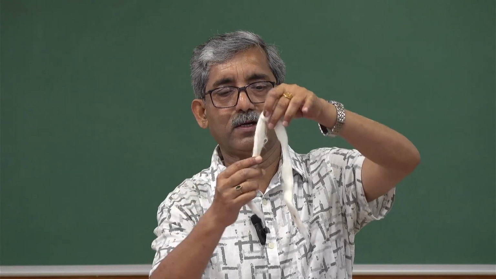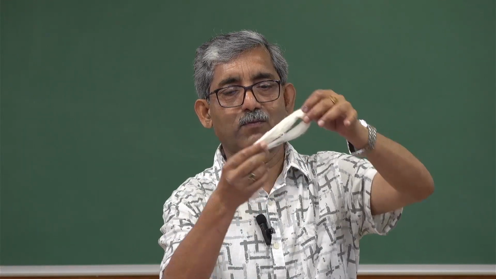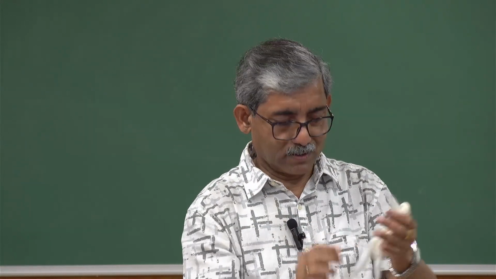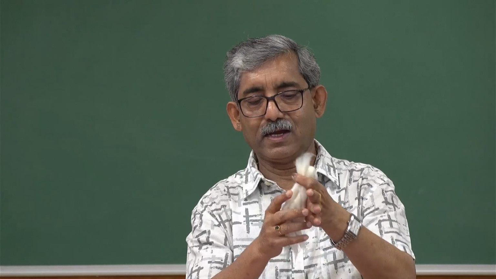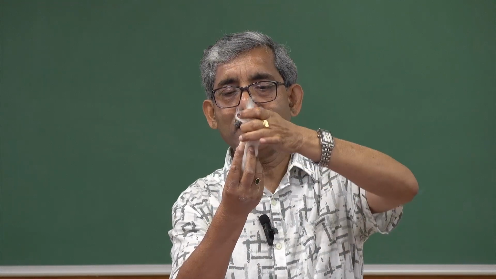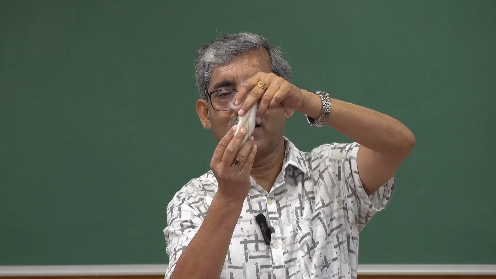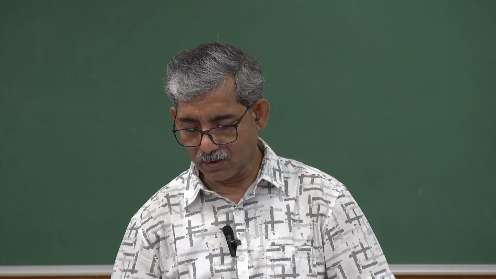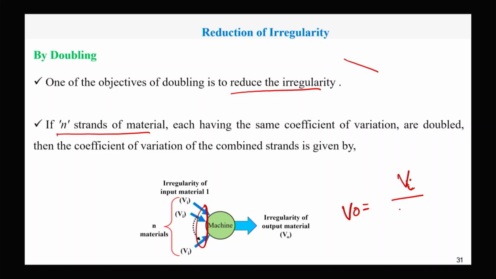If we double, say if we mix n number of slivers, this thick material will have a CV of VI by root n. We should not call it the output CV.